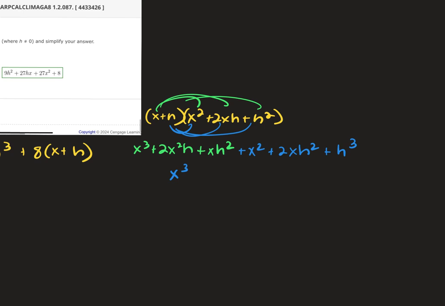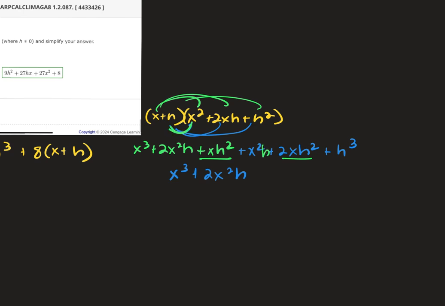x to the third is by itself, but you have 2x squared h and another x squared h. Then you have an xh squared and an xh squared.